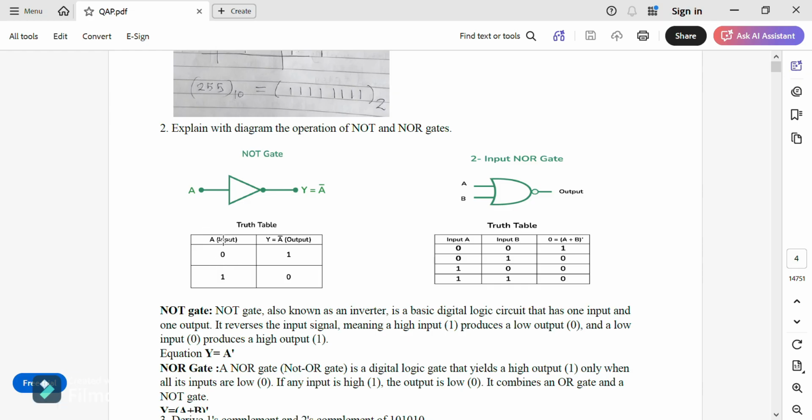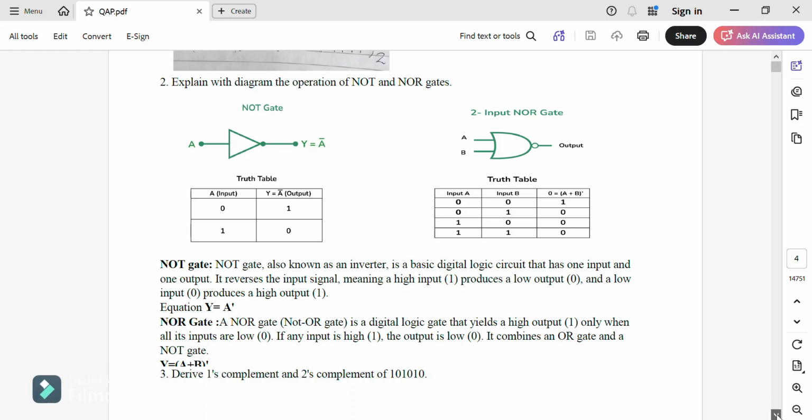Whenever the input is 0, I'll get the output as 1. And when the input is 1, the output produces 0. And write the logical equation of this NOT gate is equal to A bar. What about the NOR gate now?